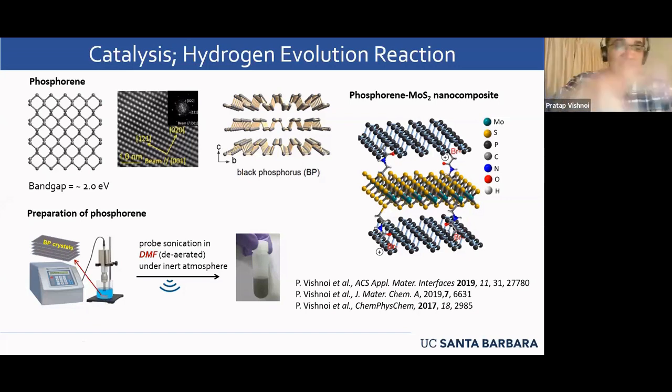There's an instrument available. What ultrasonic radiation does, it breaks the weak van der Waals interaction which exists in all these 2D materials. Why does it break? Because the energy which comes out in terms of ultrasound is just enough to kill this interaction. Once this interaction is gone, your sheets are free.